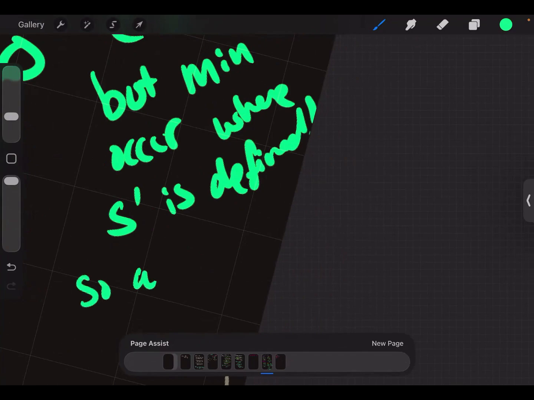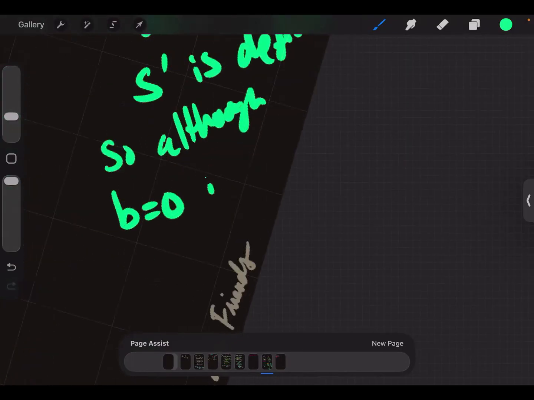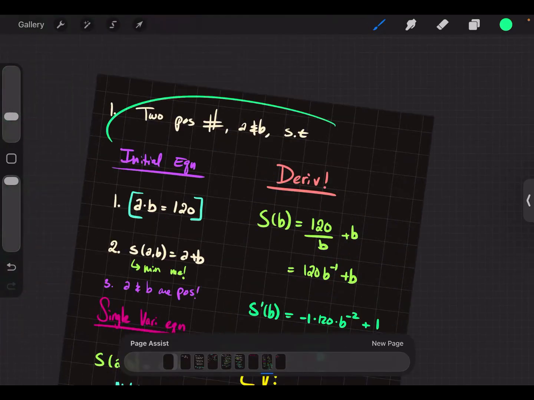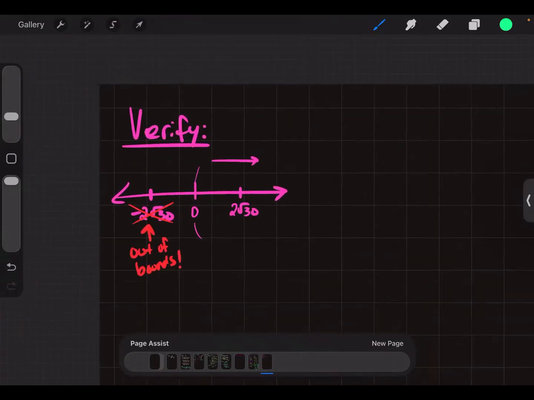So although b equals 0 is a critical value, we don't want it. That and the fact that it's out of bounds, right? We want strictly positive, 0 is not positive. Anyway, so you're going to pick a number between 0 and 2 root 30.